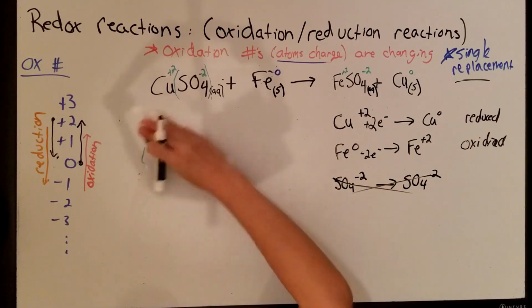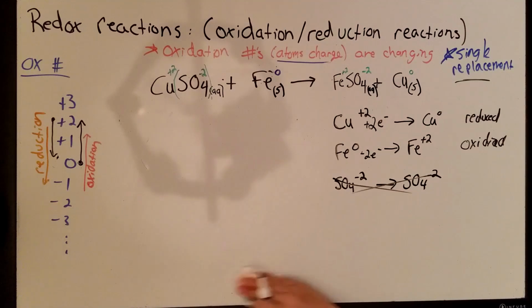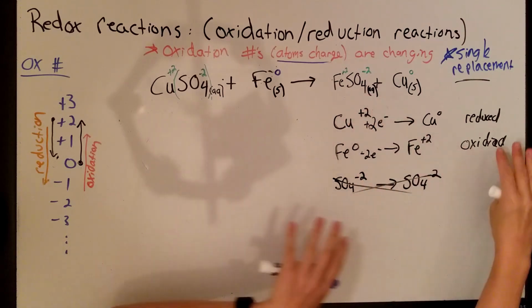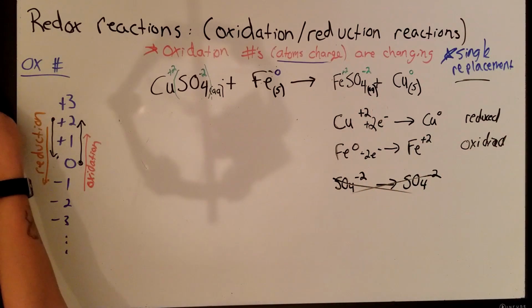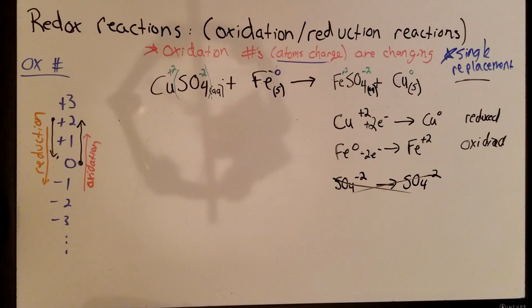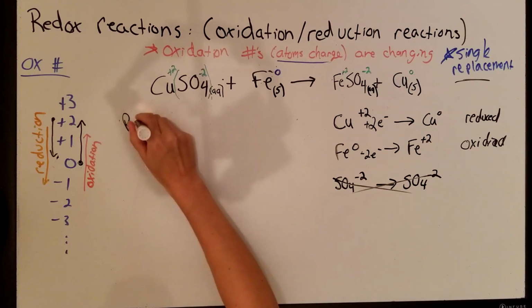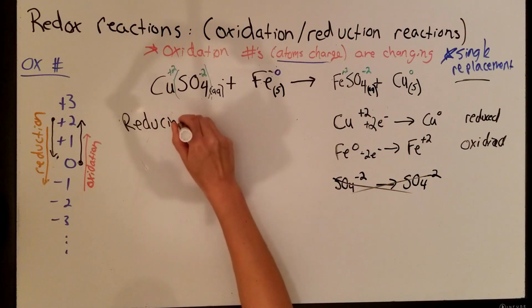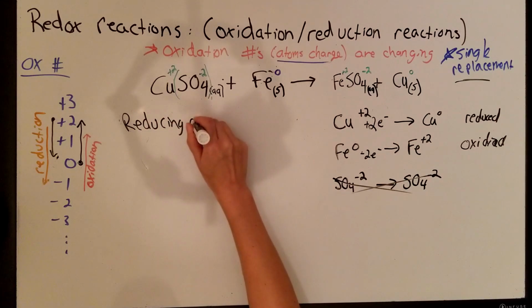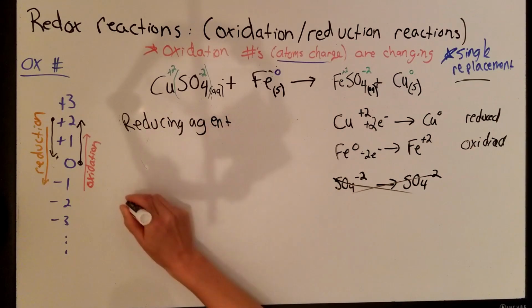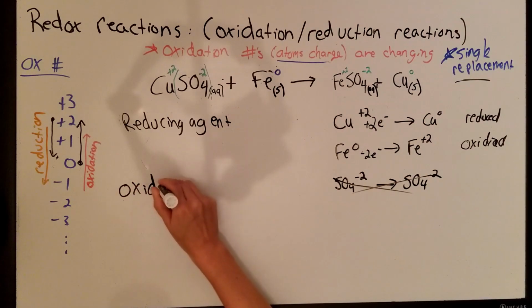Now, before we complete this lab, we have to be able to predict the products, balance the equation, predict who's reduced and who's oxidized, but we're also going to need to figure out who is the reducing agent and who is the oxidizing agent.